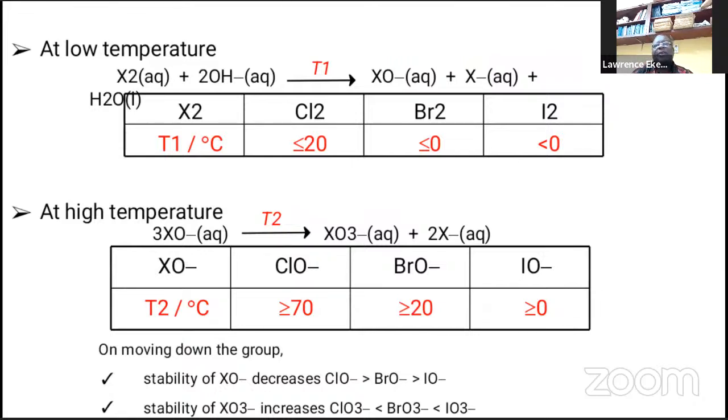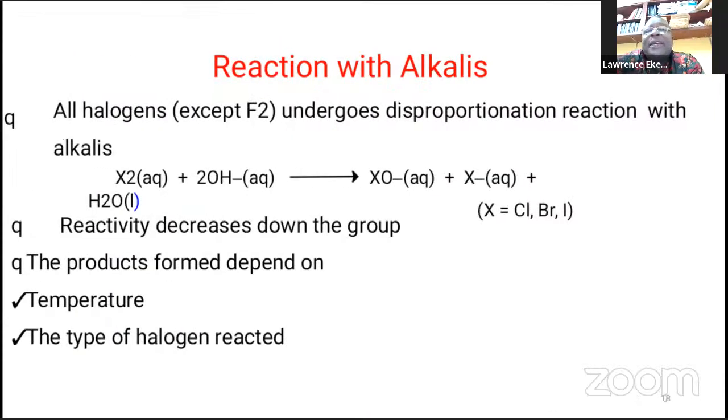So the stability of the product that is formed decreases down the group for the halogen oxygen reaction at oxidation state -1, while the other one, at oxidation state -5, increases down the group, but that of oxidation state -1 decreases down the group. So temperature determines the stability of the product that is formed in the reaction of halogens with the alkalis.